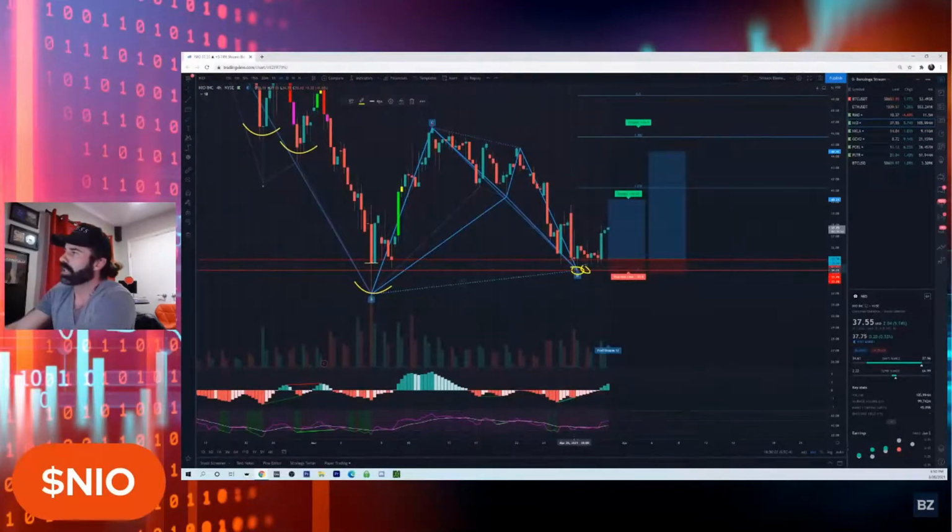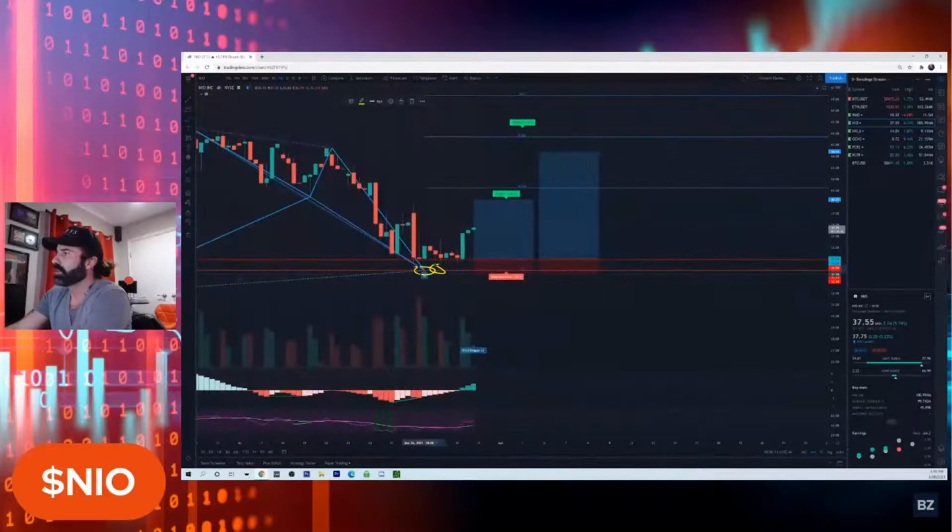So not only did you get your low at D, but on this 4-hour chart, you had 4, 8, 12 hours to say, hey, we just got a confirmation that that's the bottom. So I set my stop loss underneath that, because if that's the bottom, that's the bottom. If it goes underneath the bottom, I was wrong, which is fine, but you got to get out.